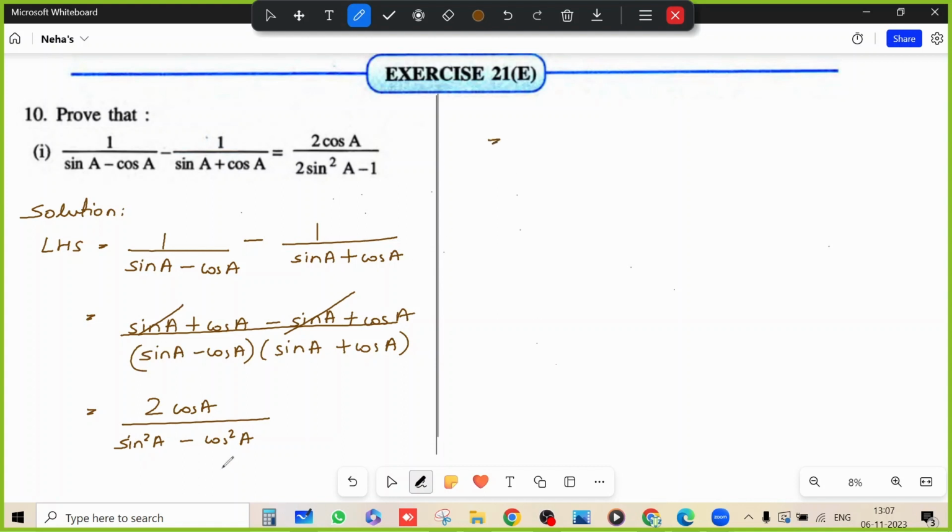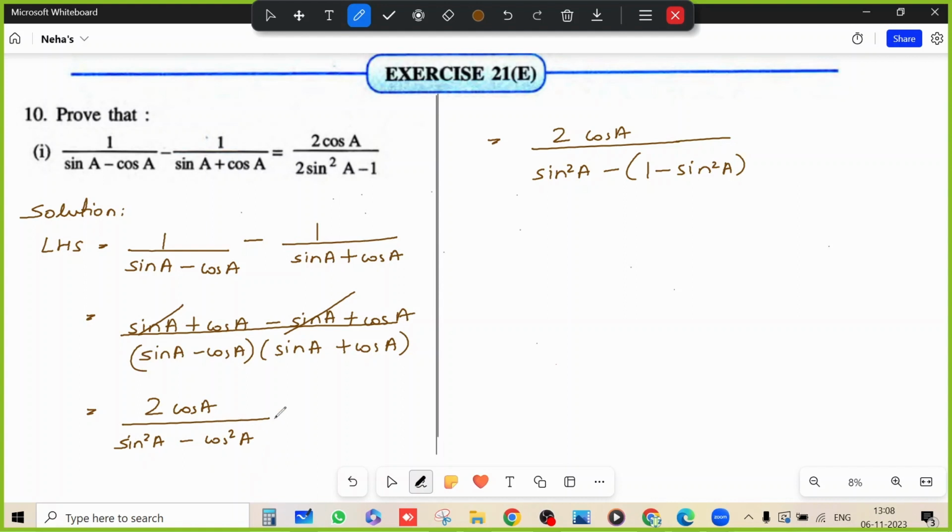Now we will write the cos square A in the denominator in terms of sine square A. So here we are changing cos square A in the form of sine square as 1 minus sine square A. This is by the trigonometric identity that sine square theta plus cos square theta is equal to 1.